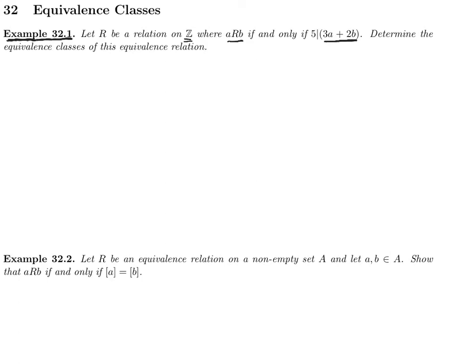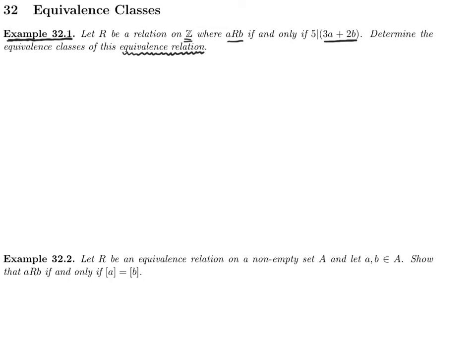And we're asked to determine the equivalence classes of this equivalence relation. As a little exercise, you could try to show that this is indeed an equivalence relation, but we're just going to assume it for this exercise.